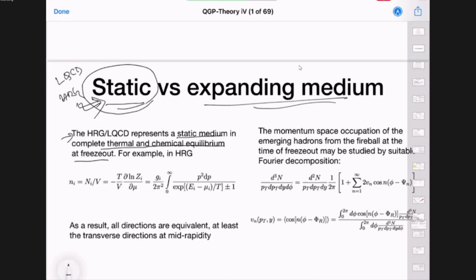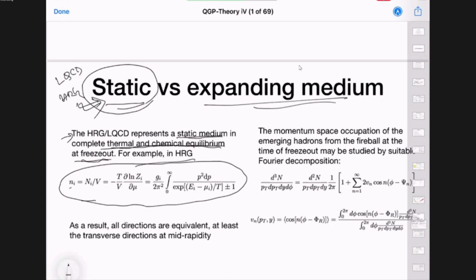The picture that we drew in our mind yesterday was that at freeze-out we seem to have a medium which is in complete thermal and chemical equilibrium, like a static medium. Because let's refer, for example, in HRG, to the formula we came across yesterday.